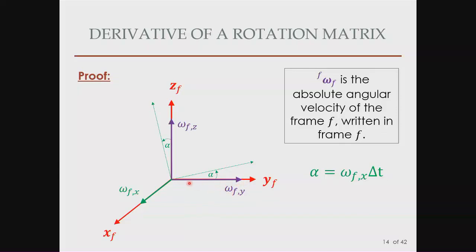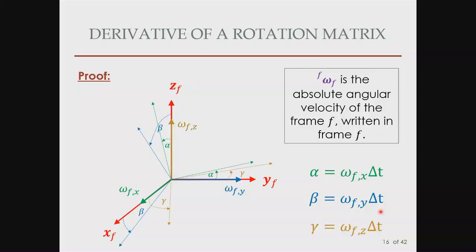What would it contribute? Z and x rotate about the y, all right? So I represent this rotation using this blue axis and the angle beta. So what is beta? It is omega Fy, the radians per second, times delta t, the amount of time that passed.